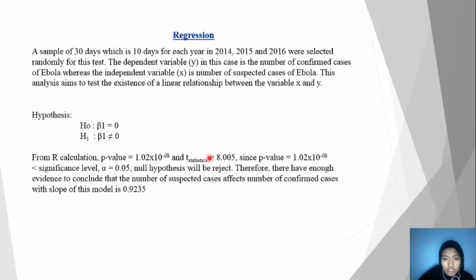Since the p-value is less than the significance level, the null hypothesis is rejected. Therefore, there is enough evidence to conclude that the number of suspected cases affects the number of confirmed cases, with a slope of this model of 0.9235.